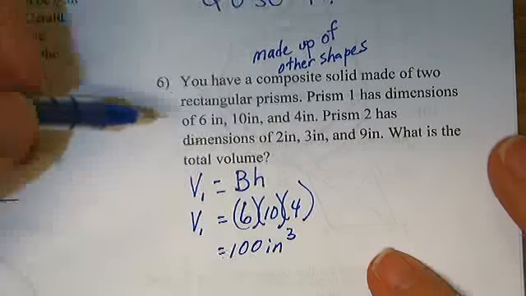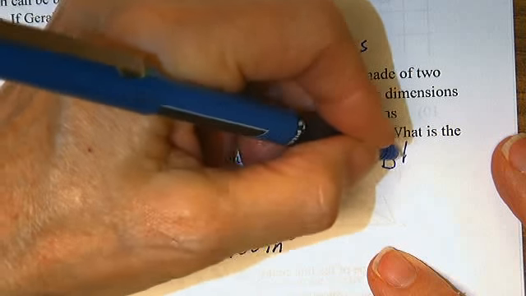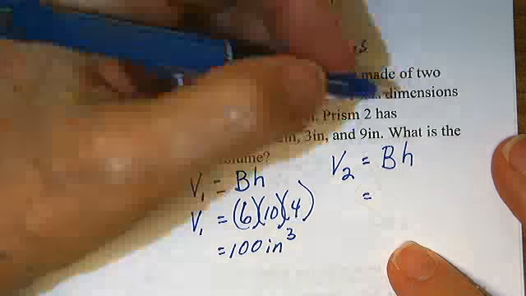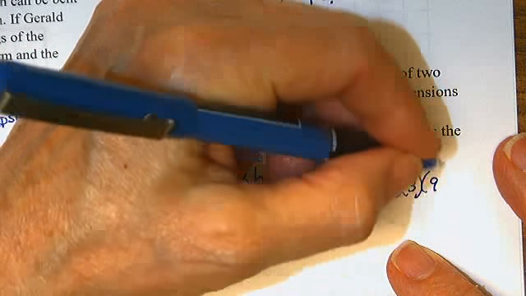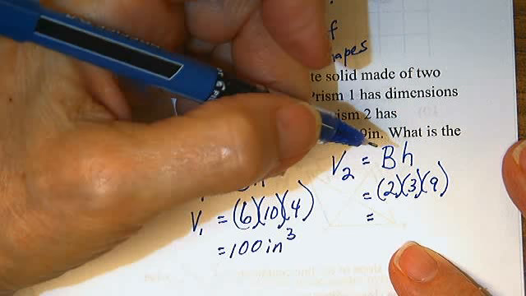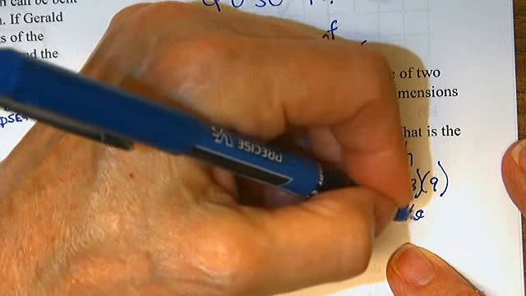Prism 2, base times height, 2 times 3 times 9, 2 times 3 is 6, times 9 is 54 cubic inches.